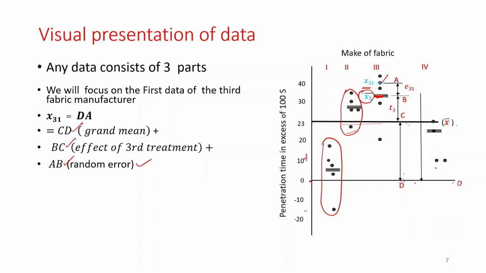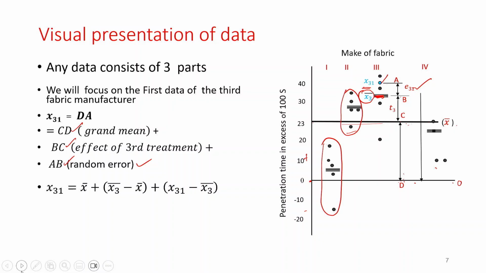So it is the difference between the local mean value and a particular value that we have obtained while performing the test. This difference, which is represented by AB, is representing an error, which is E31.